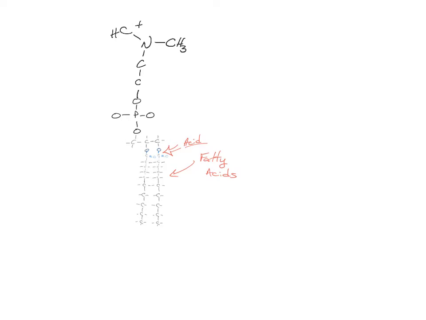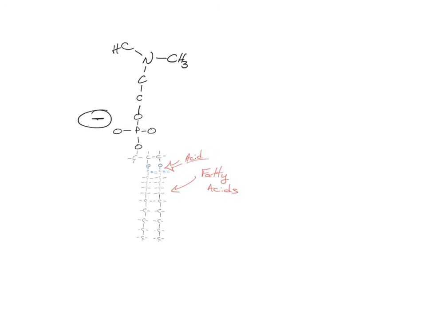The key is that you have a phosphate group, and the phosphate group is polar. This head is polar. In other words, it has two sides, a positive and negative. Polar means two sides, right? Because it has a positive and negative, it's polar.